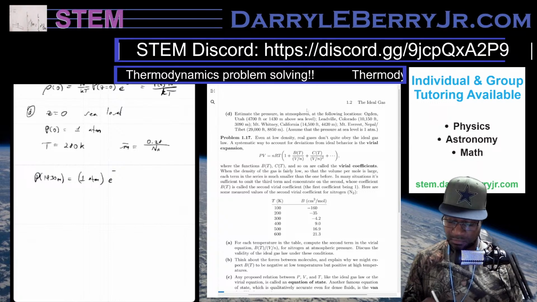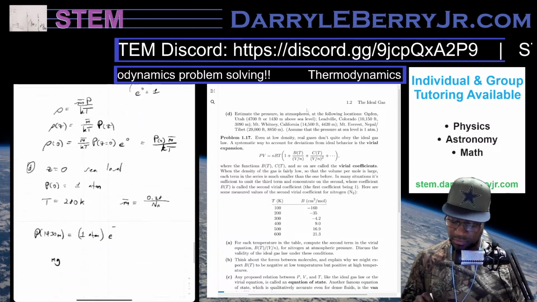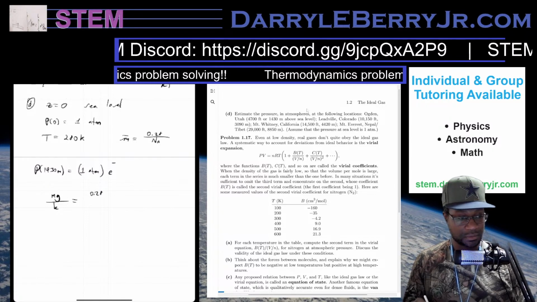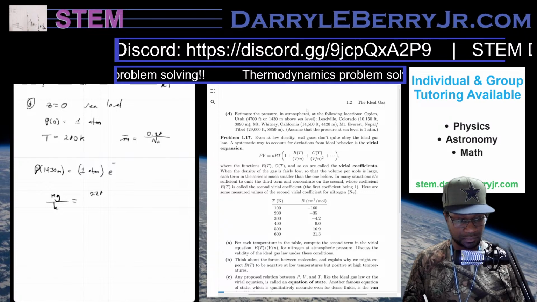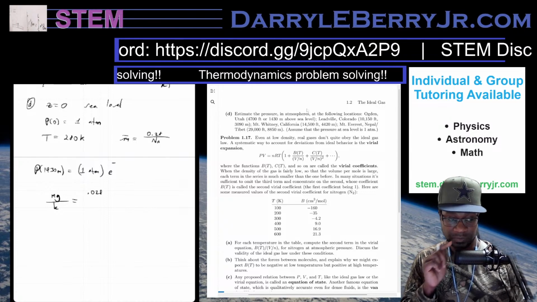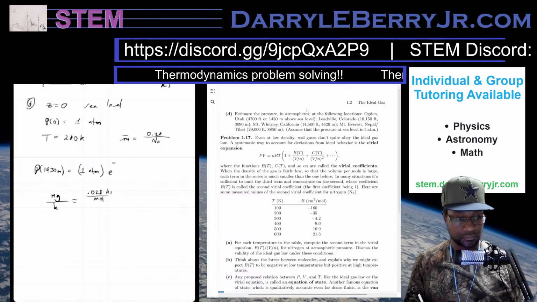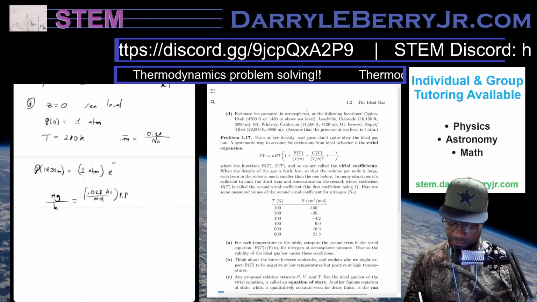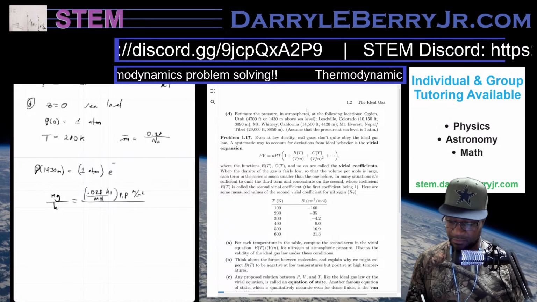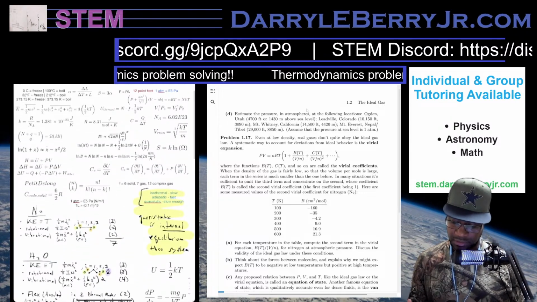M equals 0.28 kilograms a mole, g is 9.8 meters per second squared. I need to put k on here.